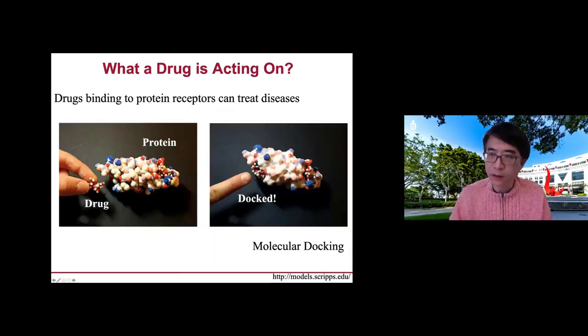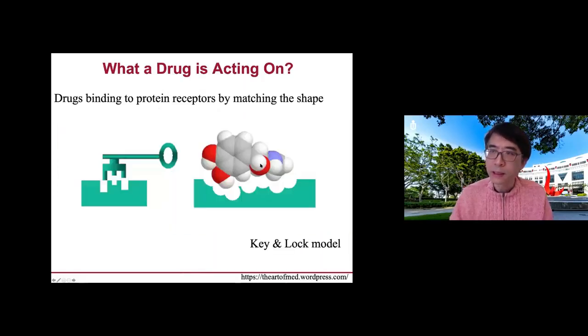We call this docking at the molecular level, and this is molecular docking. The drug is able to dock into the protein, and this protein is one of the components in the diseased cells, and this will help to treat the disease. So the drug binding to the protein receptor can treat the disease, and the binding is more or less like matching the shape.